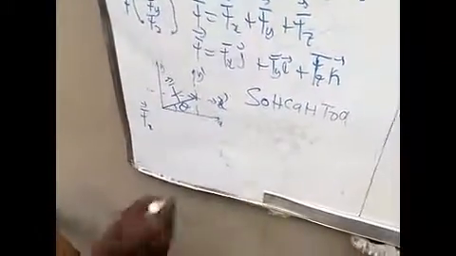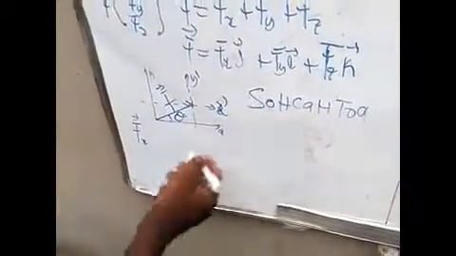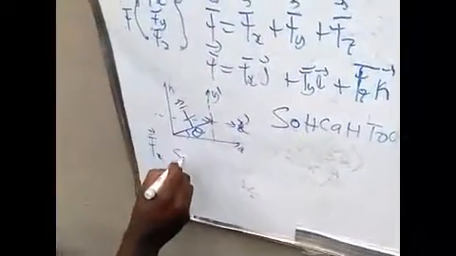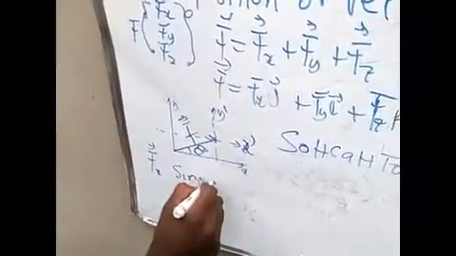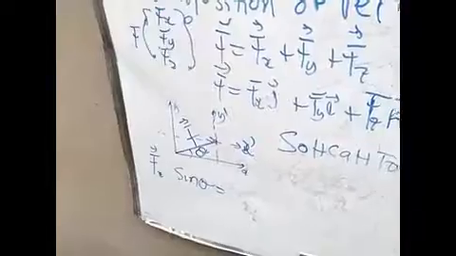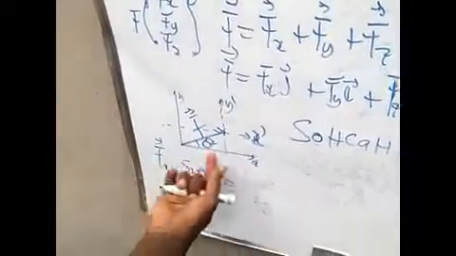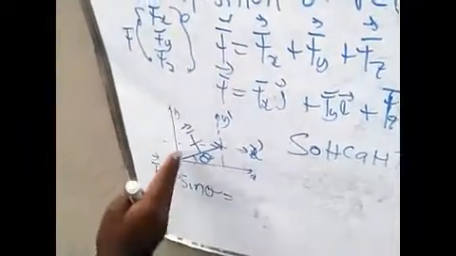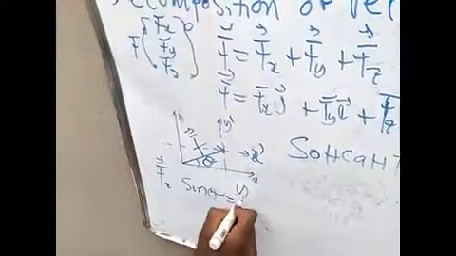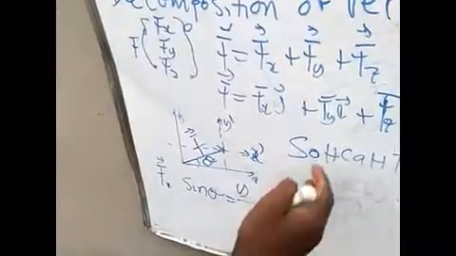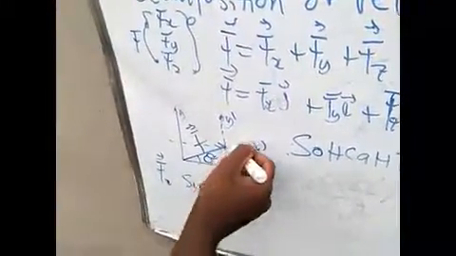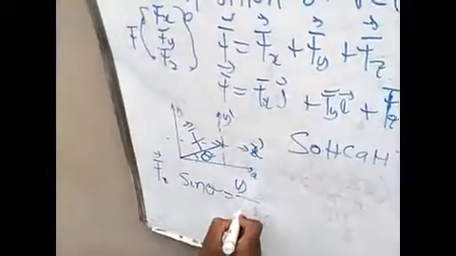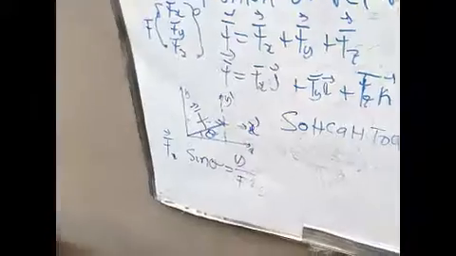So now, if we look very carefully, let me start with the first. Sine of this angle should be equal to the opposite. My opposite of this angle is y, on the hypotenuse. My hypotenuse is the longest side, which is F. So now what's my y?